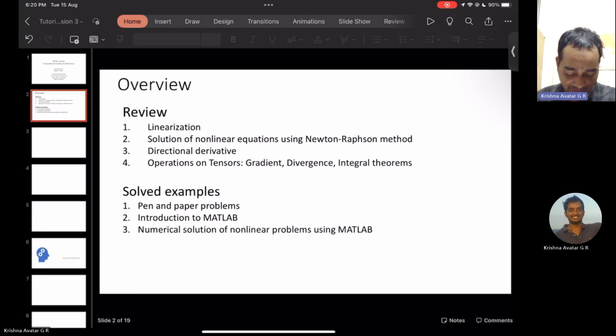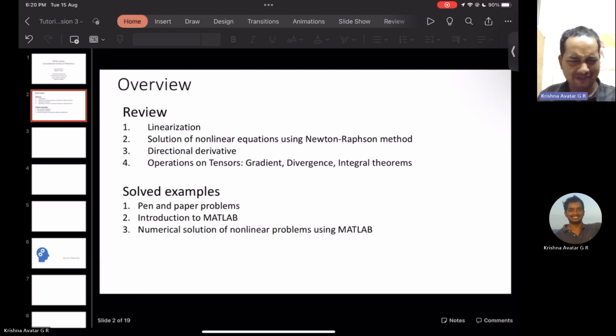We'll follow it up with a couple of solved examples, some of which we can solve by hand, which means pen and paper based questions.